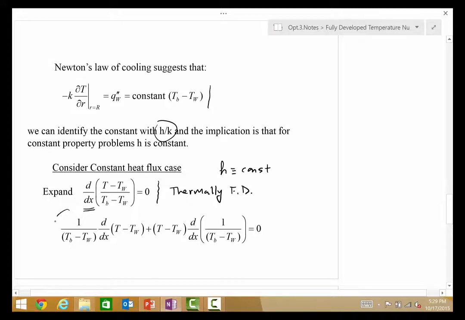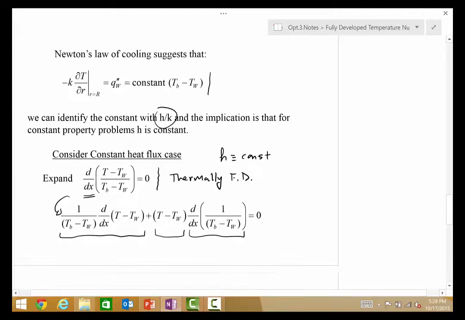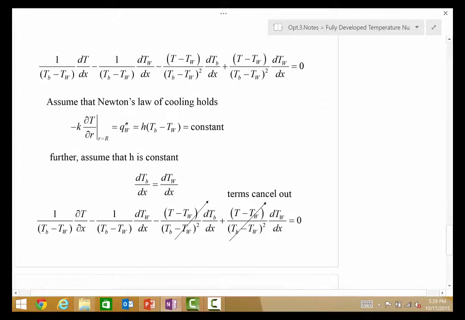We expand out the derivatives using whether you want to call it the quotient rule, the product rule, but the first term is we take the derivative of the numerator and we divide it by the denominator. Over here we multiply the numerator by the derivative of the denominator, and this is equal to 0. We continue expanding out the terms.